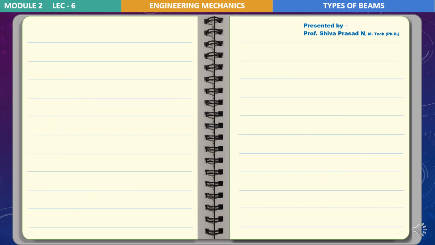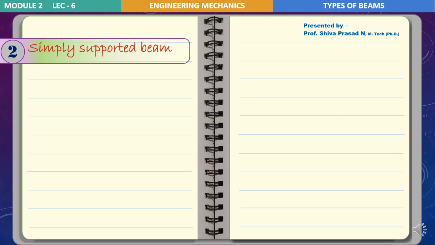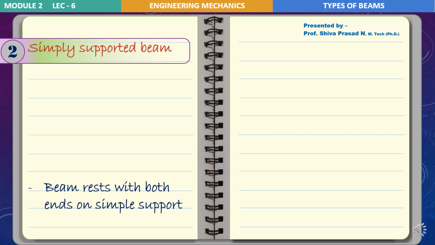Now let's move on to the next type of beam, that is a simply supported beam. A simply supported beam is one which rests with both ends on simple supports. If you recall from the previous video lecture, a simple support looks somewhat like this, and a simply supported beam rests with both ends on a simple support. So we can place the beam like this on both simple supports.